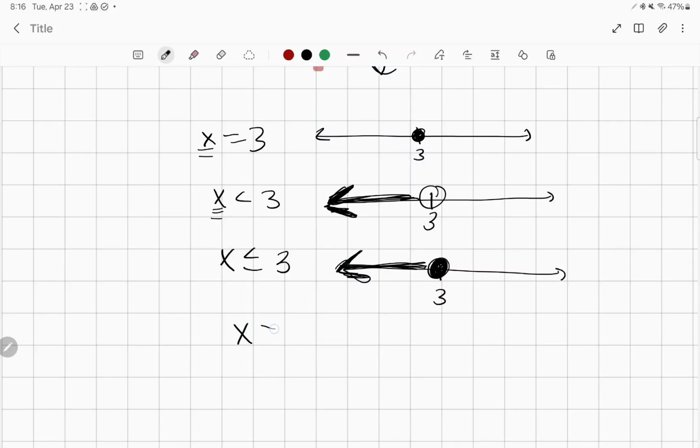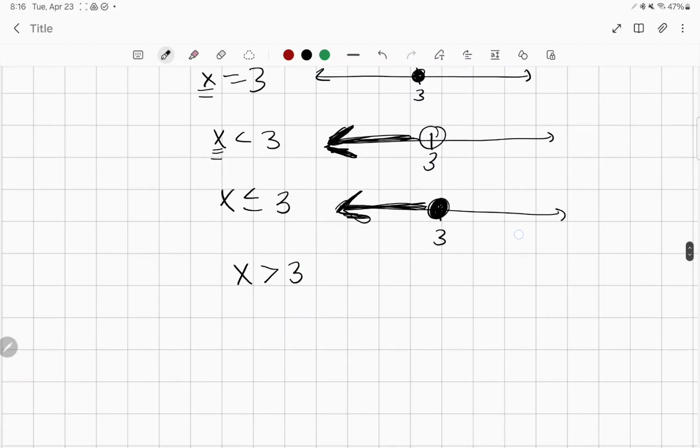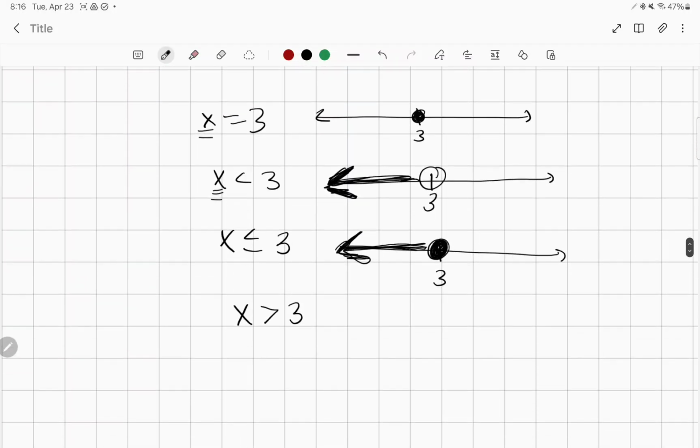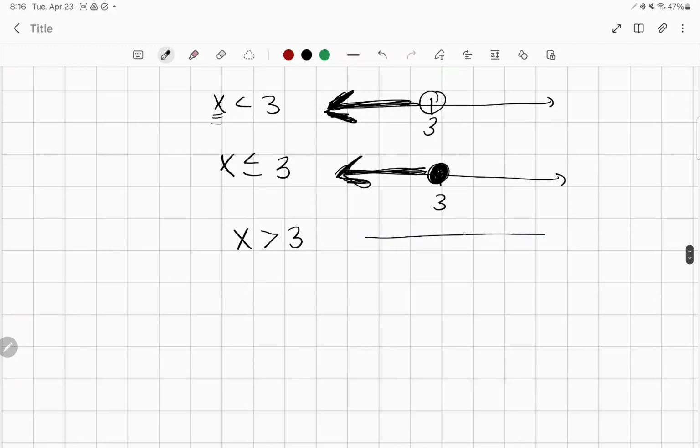Now, if it was x is greater than 3, like this one here, this was greater than or equal to 3, and it was all the values to the right of 3. If it's just greater than 3, it's an open circle and you're shading to the right.